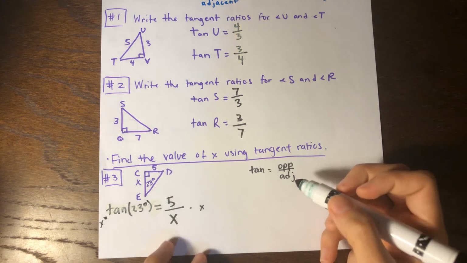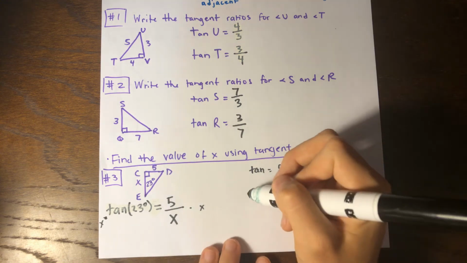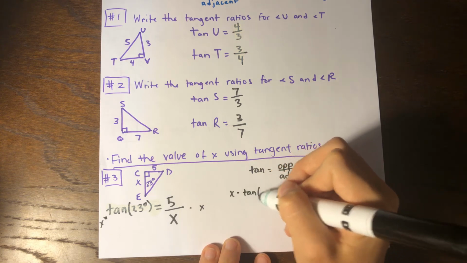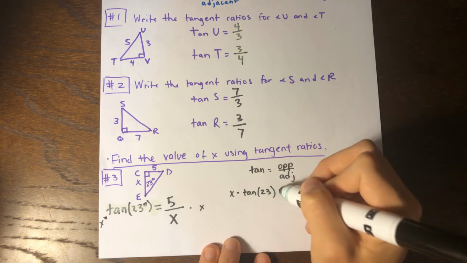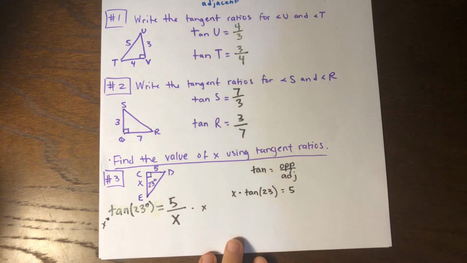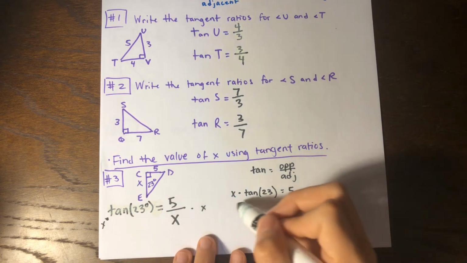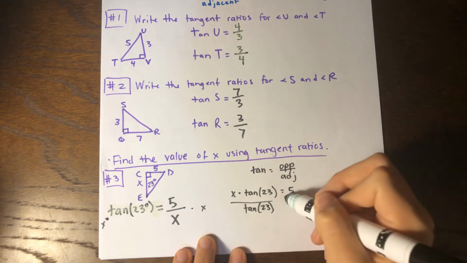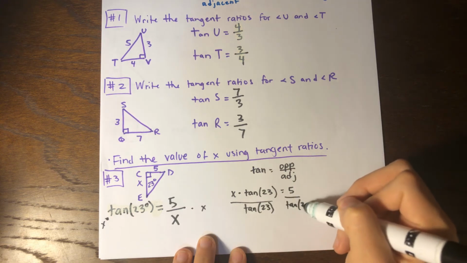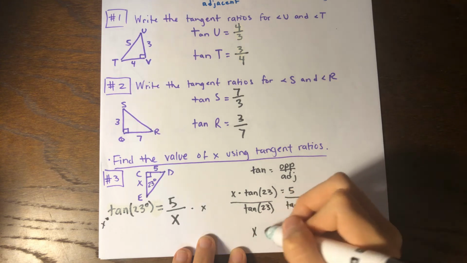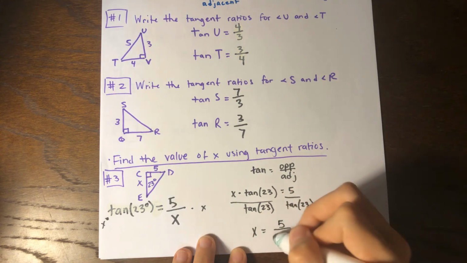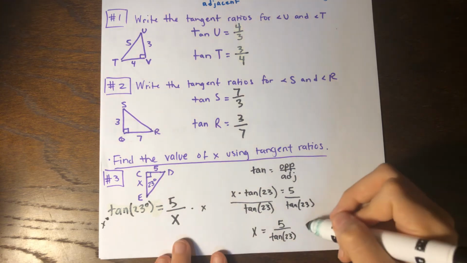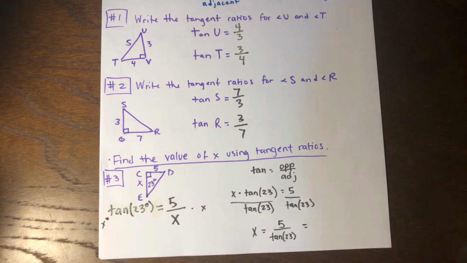So then I would have x times tangent of 23 is equal to 5. I need to solve for x, so I'm going to divide by tangent of 23. So x is equal to 5 divided by the tangent of 23. And you're just going to plug this right into your calculator, and I'm going to show you guys how to do that.